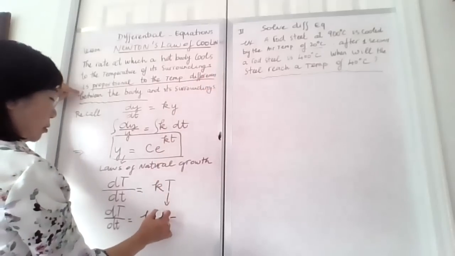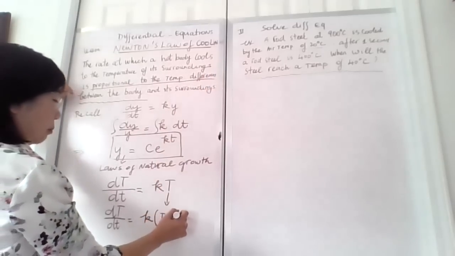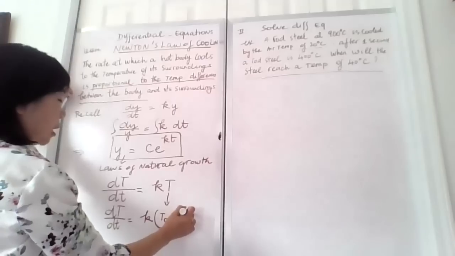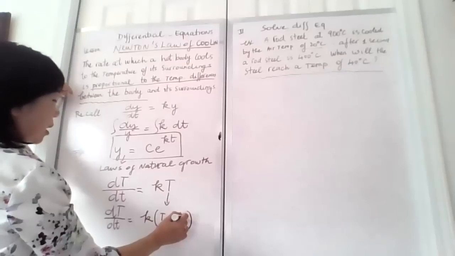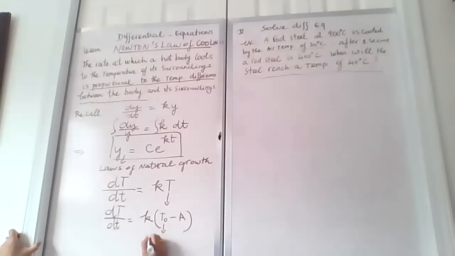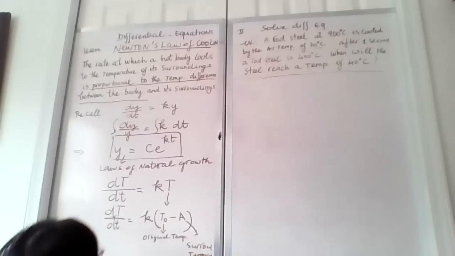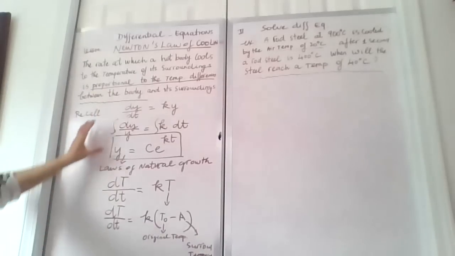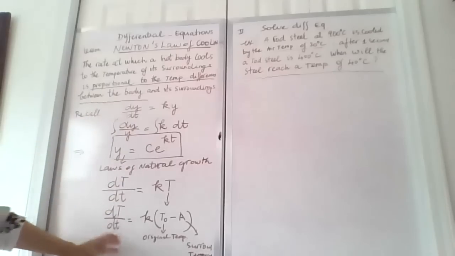So the difference is the original temperature minus the surrounding temperature. And we denote A as the surrounding temperature. Okay, so I'm going to say this is the original temperature, right? And this A is the surrounding temperature. So we apply this differential equation into here.